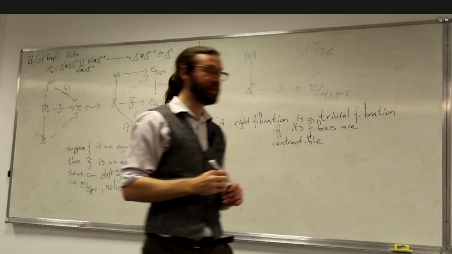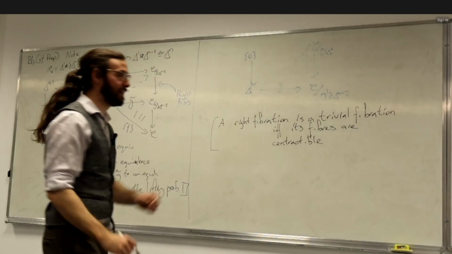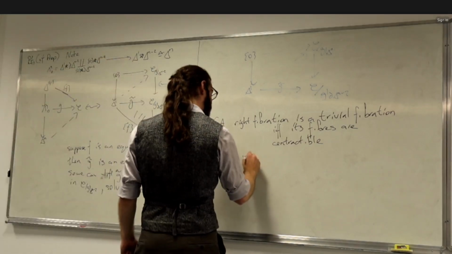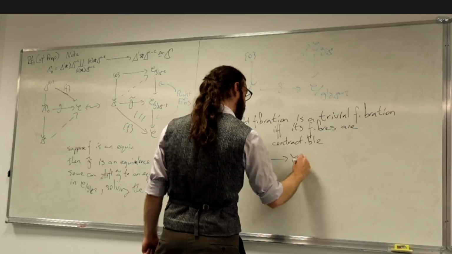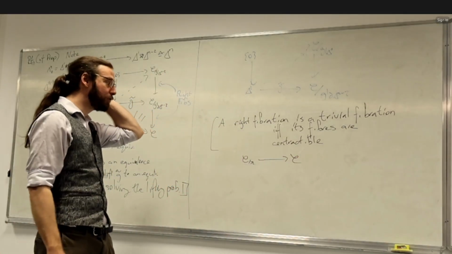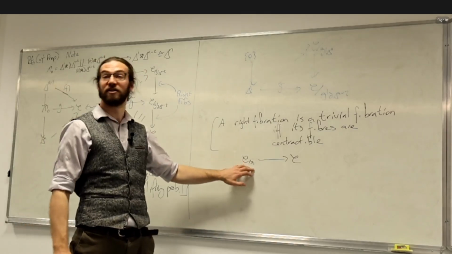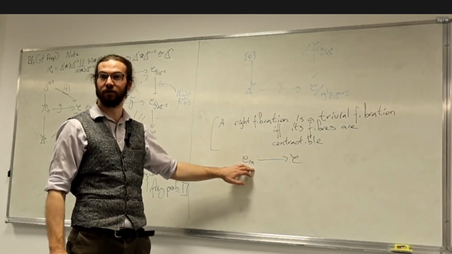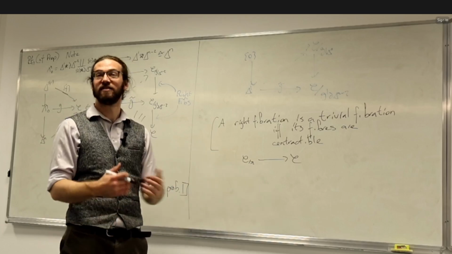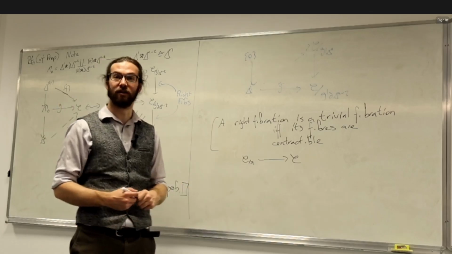And so what that means is that the right fibration C over X to C is a trivial fibration if and only if the mapping spaces into X are contractible, which is what we defined to be X being terminal.